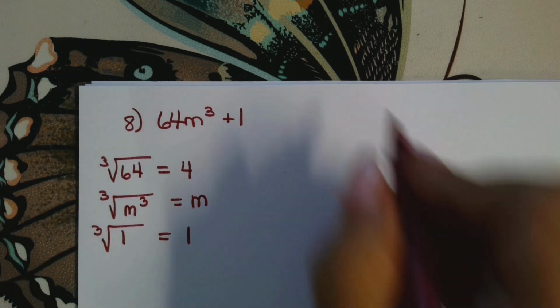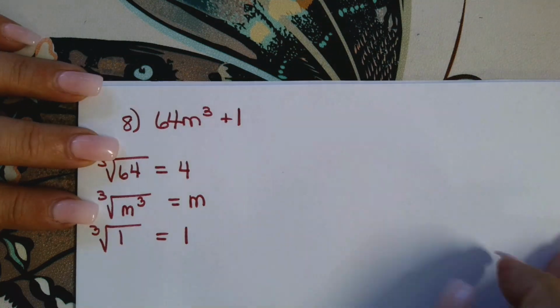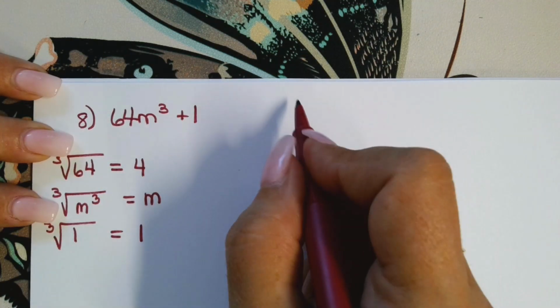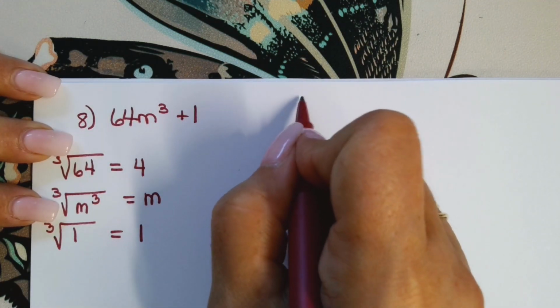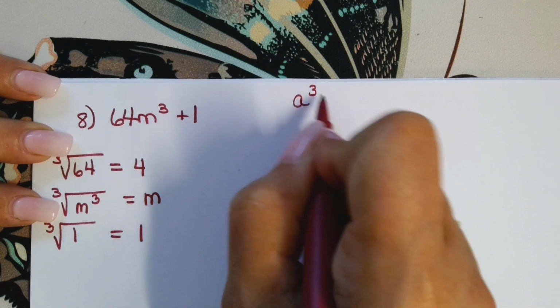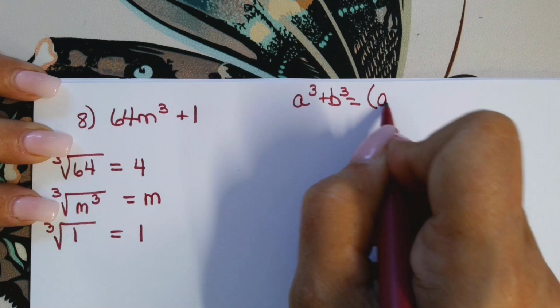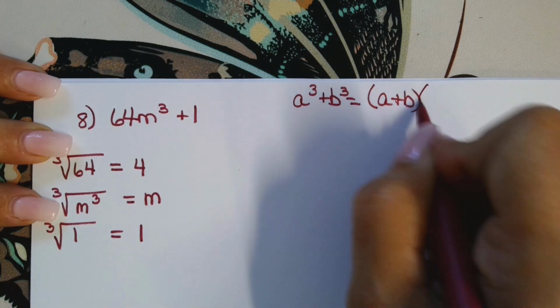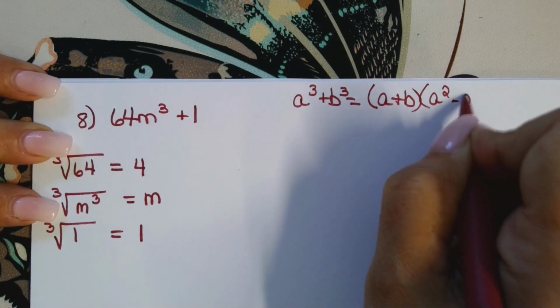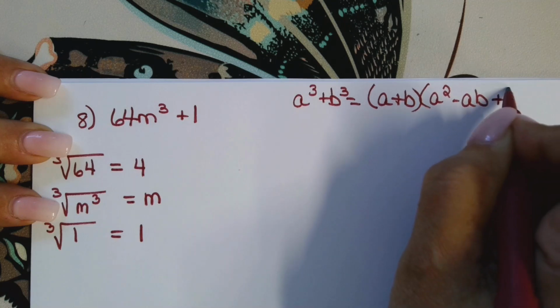If we go back to our equation from the previous page, we had a to the third plus b to the third equals a plus b, a squared minus ab plus b squared.